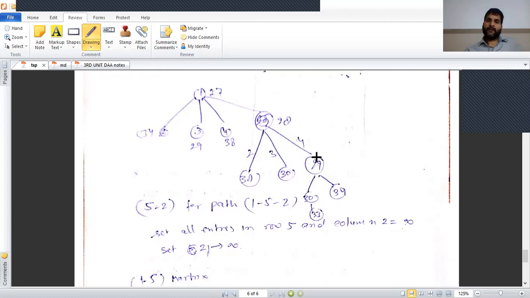We travel from 4 to 2 and then 2 to 3, then find the total cost equal to 33. So the path is 1 to 5, 5 to 4, 4 to 2, 2 to 3, and 3 to 1.